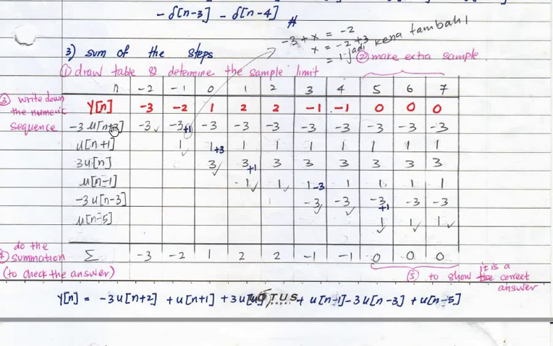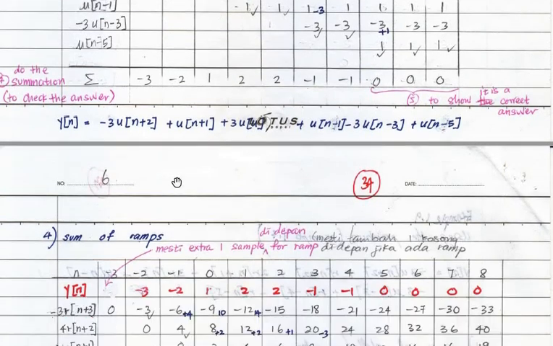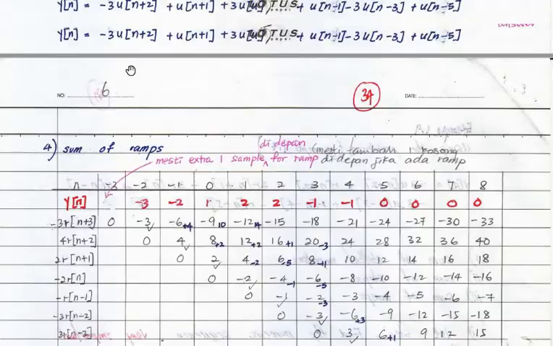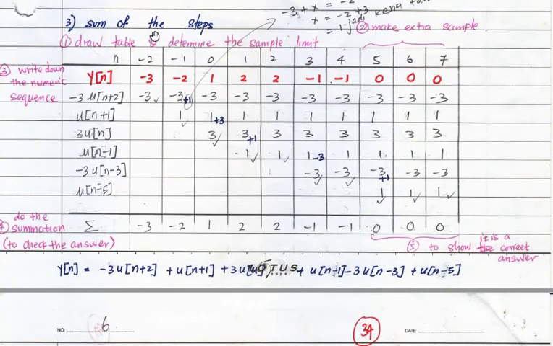Next question is sum of ramps. Okay, sum of ramps. For sum of ramps, this means that you need an extra sample in front. So just now you know that for the sum of the steps, the samples are from negative 2 to 7, right?